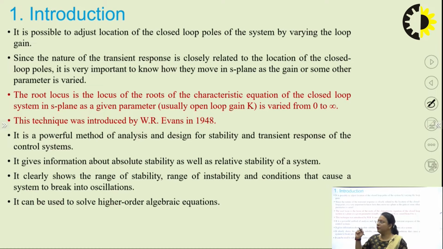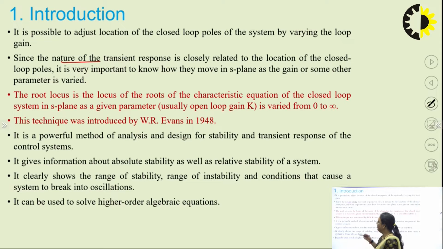And since the nature of the transient response is closely related to the location of closed loop poles, it is very important to know how these poles are moving in the S-plane whenever a particular parameter is varying in the system. It is advantageous to know how we can determine the movement of poles in the S-plane, because it will help us to design any closed loop system.